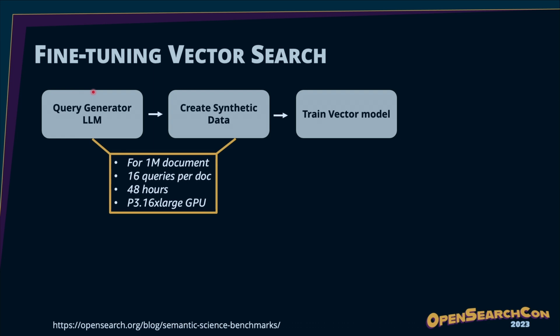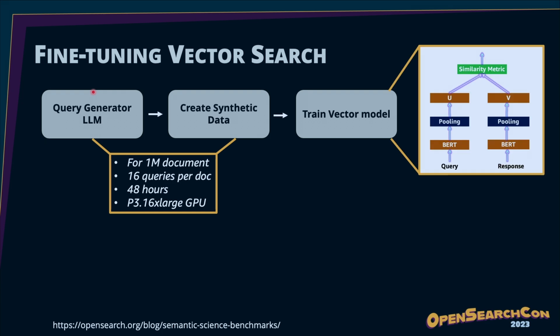So this is one of the benchmarks that the OpenSearch service team has done generating the synthetic corpus. For example, for 1 million documents where they generated 16 queries per document, it took 48 hours using a P3.16x large GPU instance. So once the synthetic data is ready, you have to train a vector model.